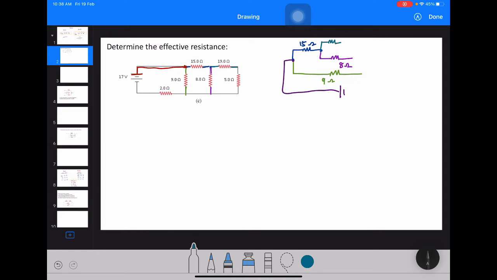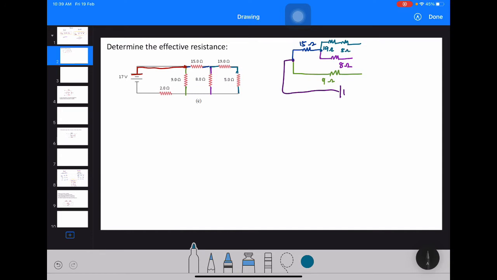Okay, and then over here it goes through 5 ohm. And between the 19 and 5 ohm, it is actually a corner, it's not a junction. So you don't have to draw a junction there. So it will be 19 ohm and 5 ohm.